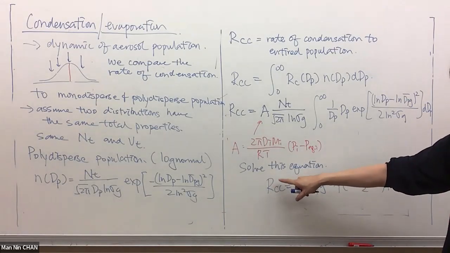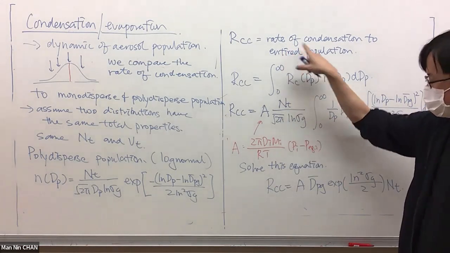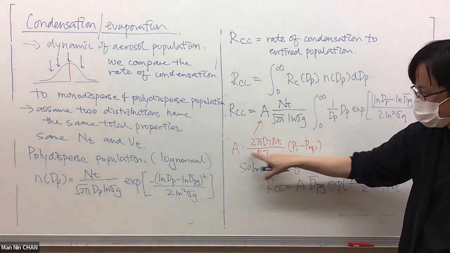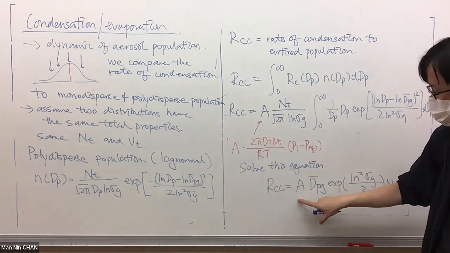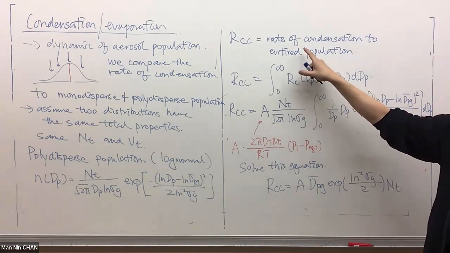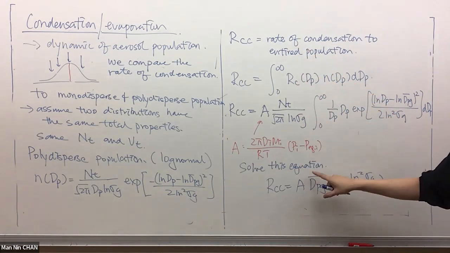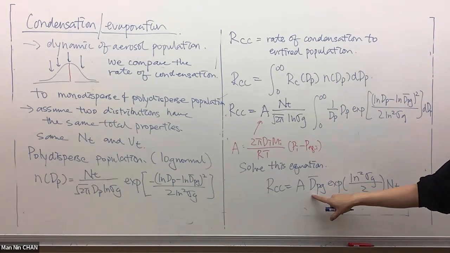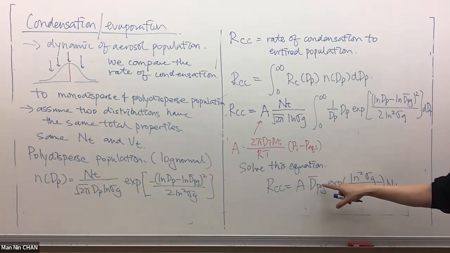this is the rate of condensation to the entire population, right? We times this A, which is a kind of constant from the RC. That means the rate of condensation to a given single particle. And then times the median diameter, this is the dpg bar.